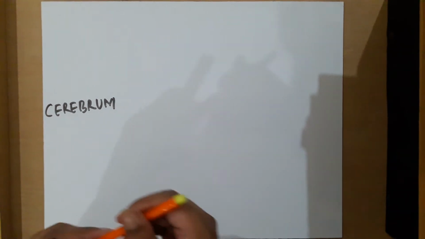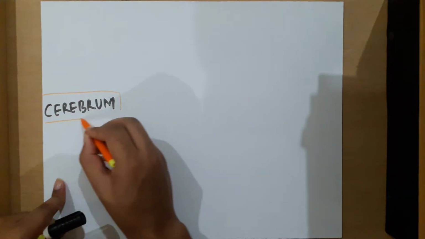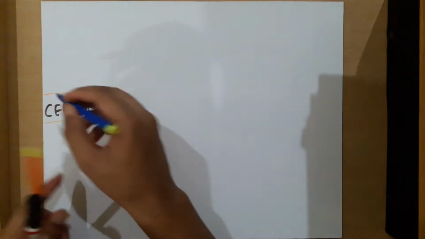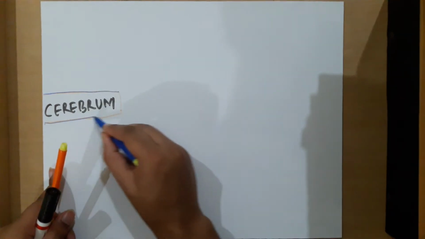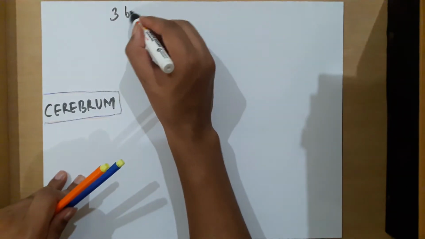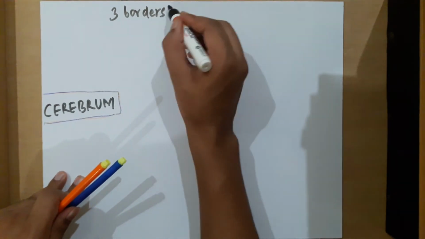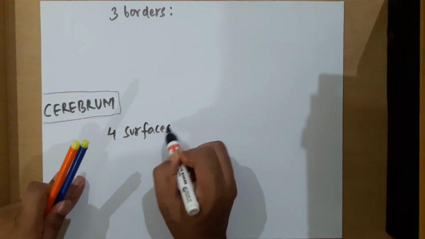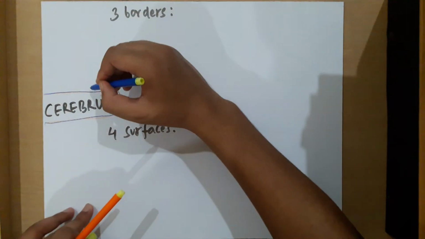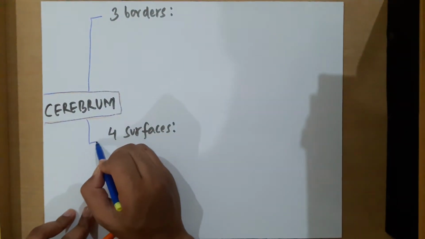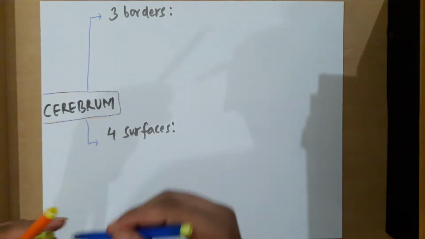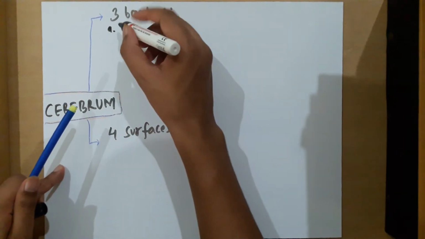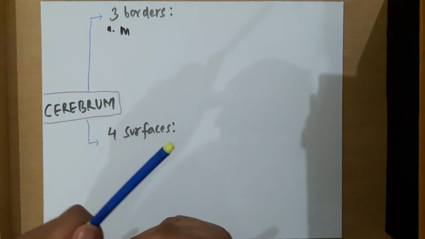So let's write. Each cerebral hemisphere is presenting three surfaces and four borders.